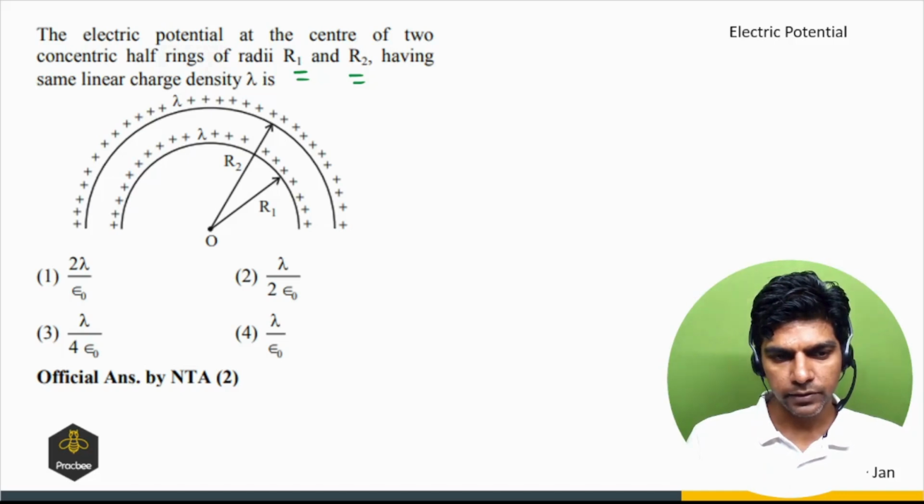So for the outer one, the contribution towards the potential will be k lambda times r2 times pi divided by r2, and the contribution towards potential by the inner ring will be k times total charge, it will be lambda times pi r1 divided by r1.